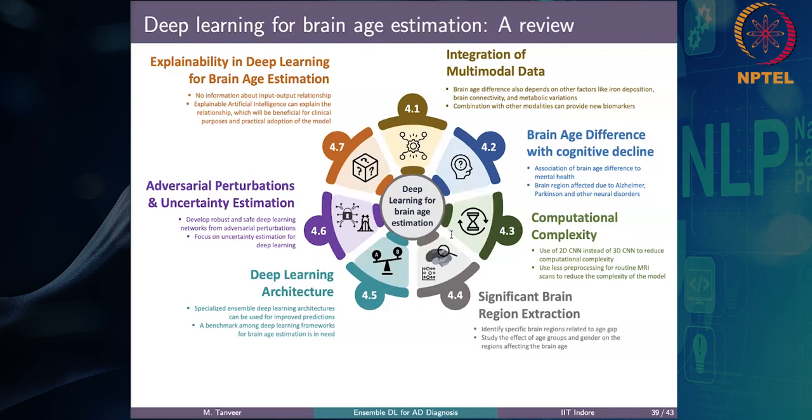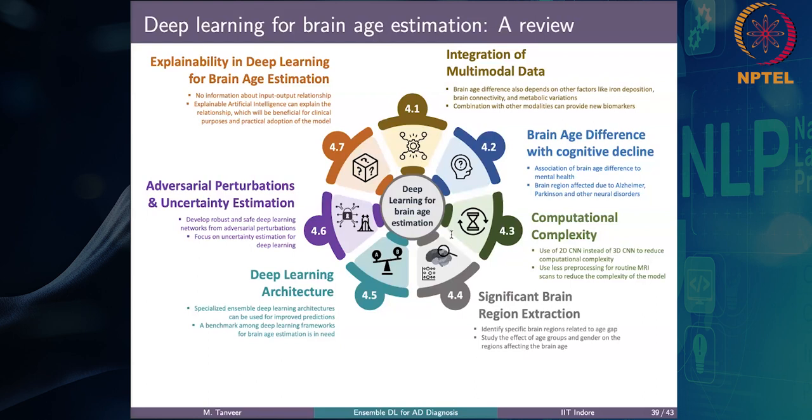It will clearly explain more information about the data. We are also developing new deep learning architectures, like deep learning and ensemble deep learning. They can help improve the performance or the predictions. The idea is for early detection, early prediction of Alzheimer disease.